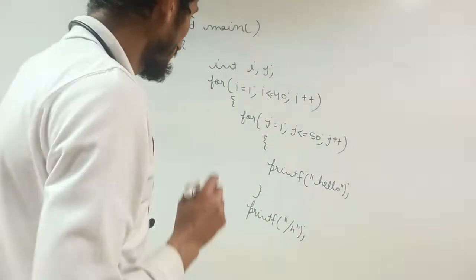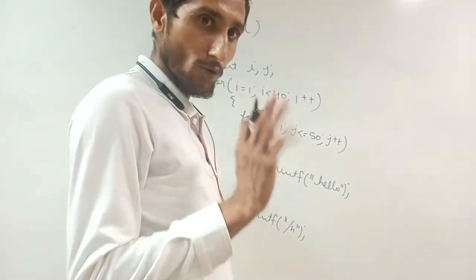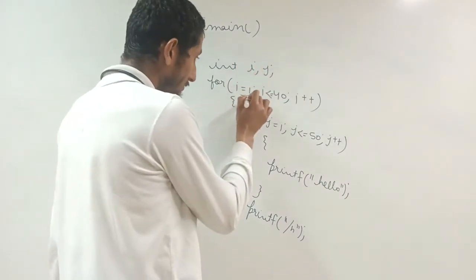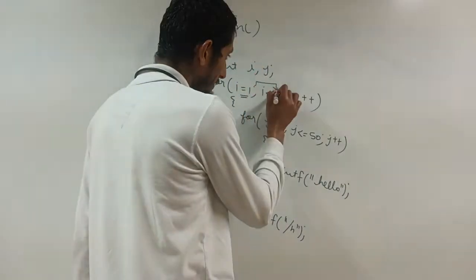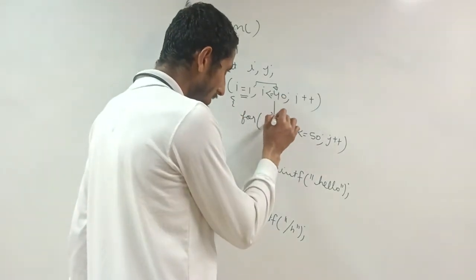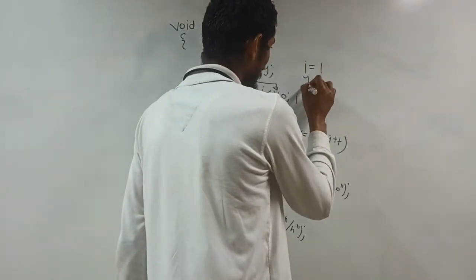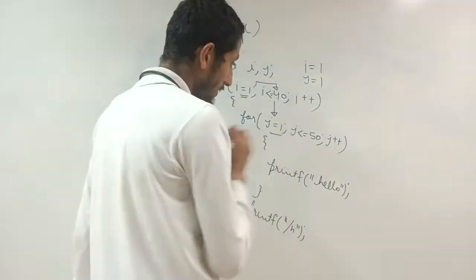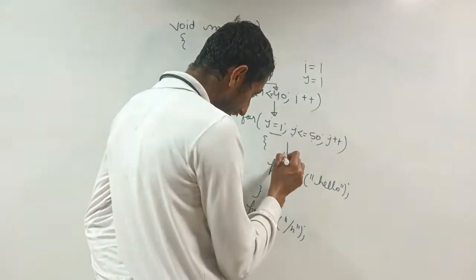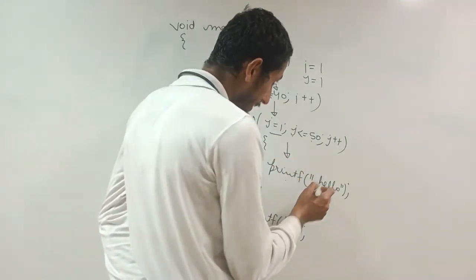So what is the purpose of this program? The purpose is to explain the working of two loops inside patterns. First of all, the value of i is 1. 1 less than 40, the condition becomes true, so it will enter the inner loop. The value of i is 1 right now and the value of j is 1 right now. 1 less than 50, so it will enter the inner loop and print hello.